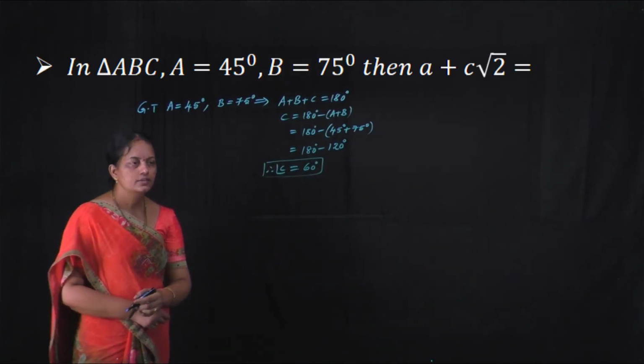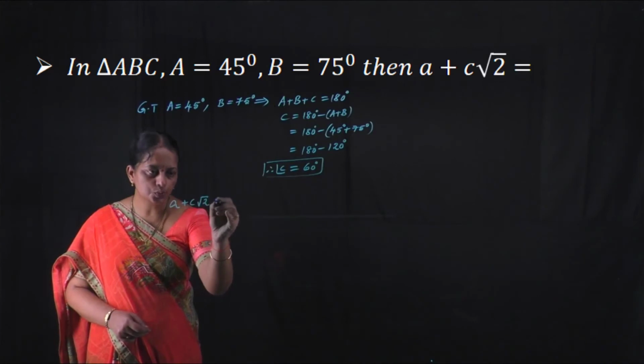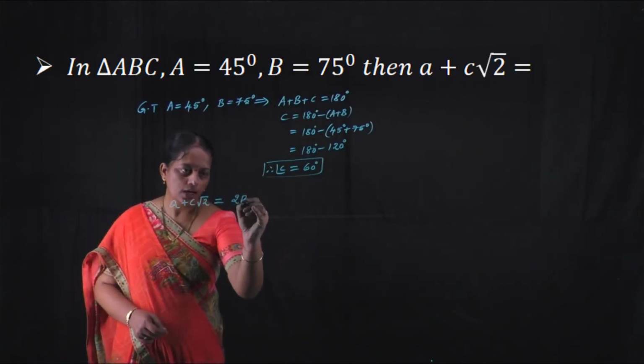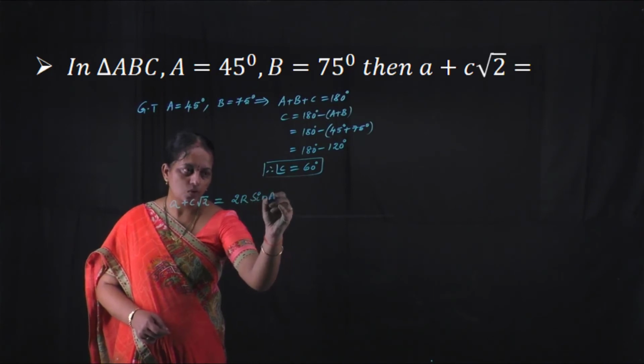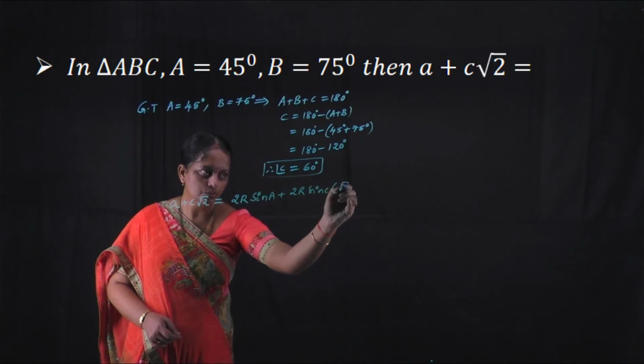Okay. Consider the LHS part, that is a plus c root 2, and we know that from the sine rule small a is equal to 2R sine A plus small c means 2R sine C into root 2.